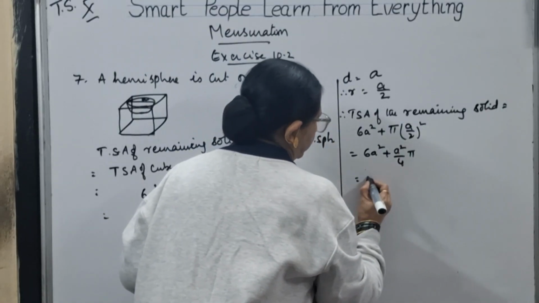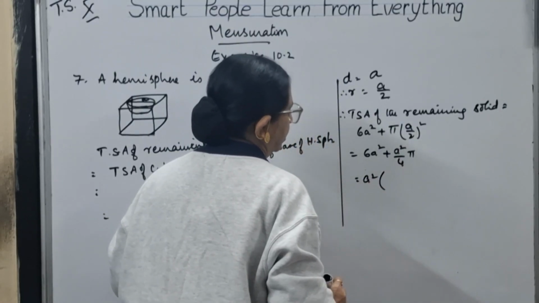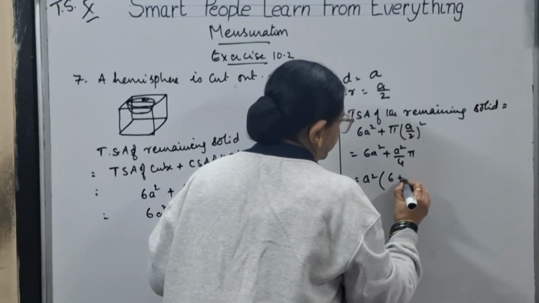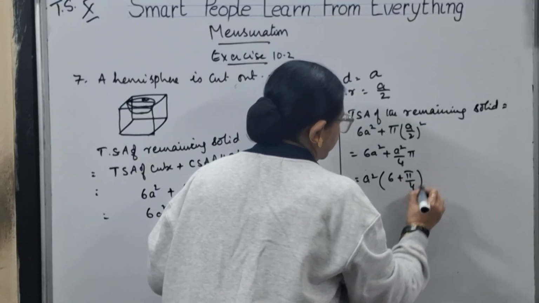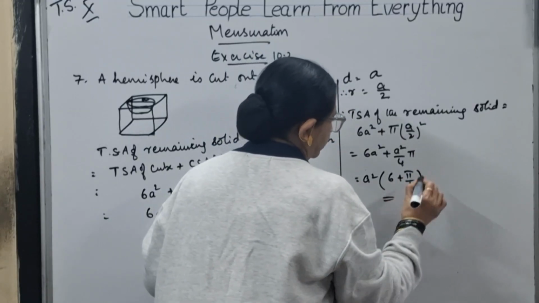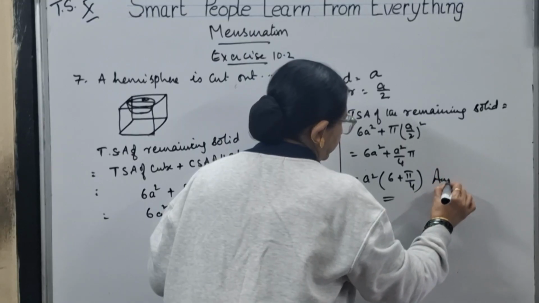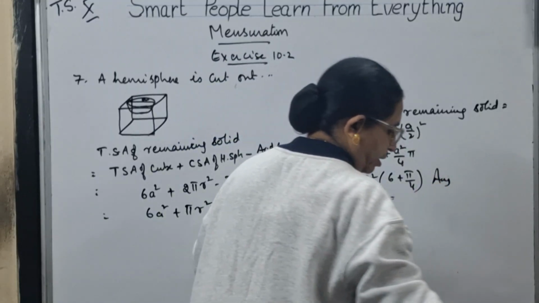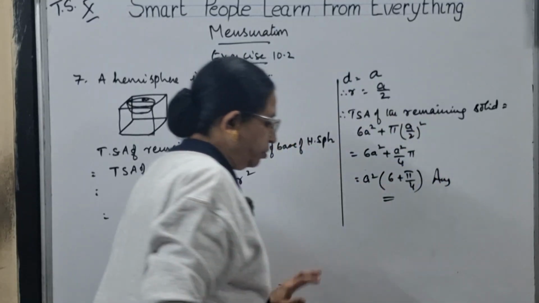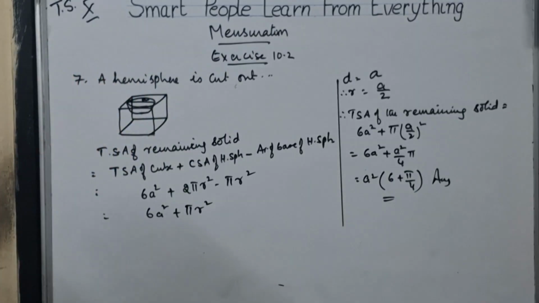So in these two, a square is common. a square into 6 plus pi by 4. This can be considered as the answer. This many square units will be the answer for this problem, children. Please note it down. This is 7th problem.